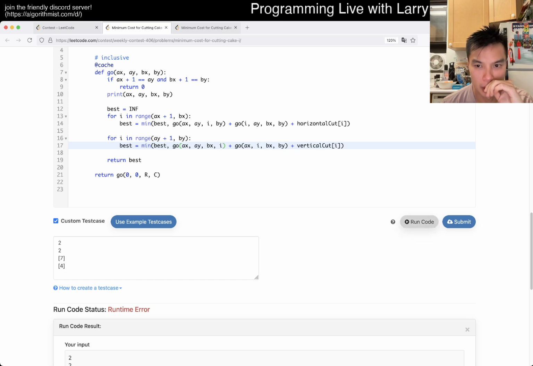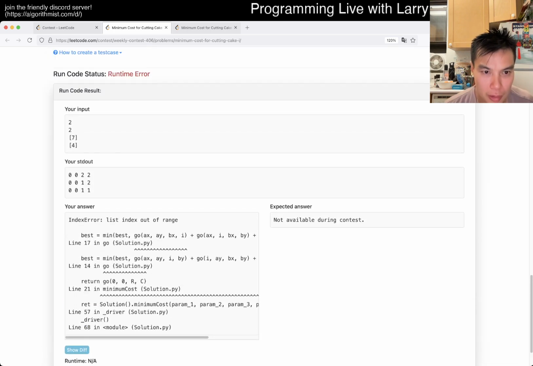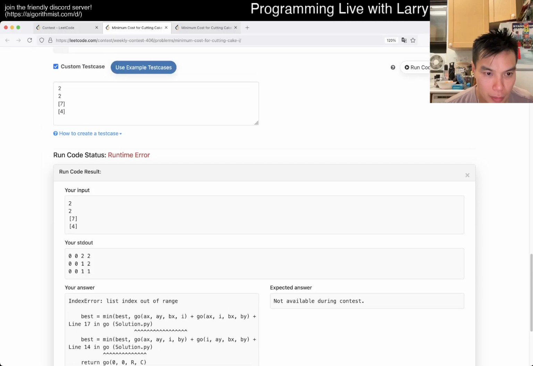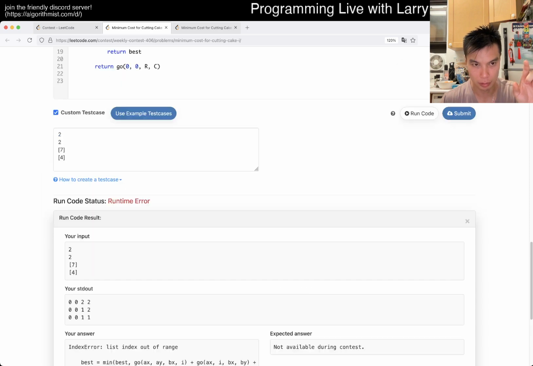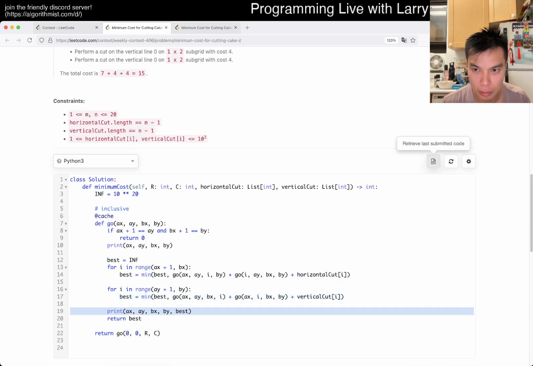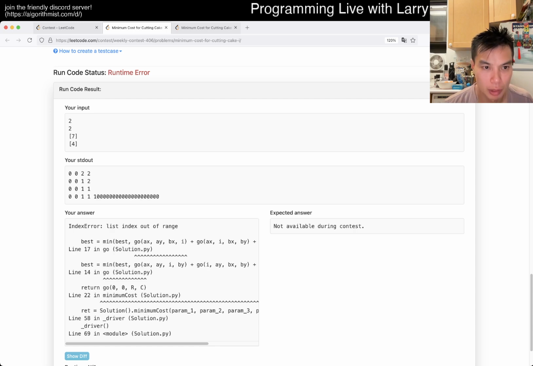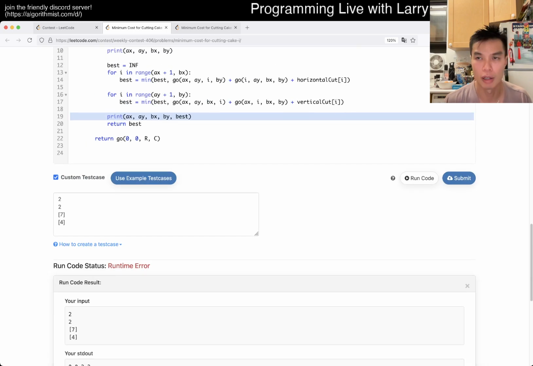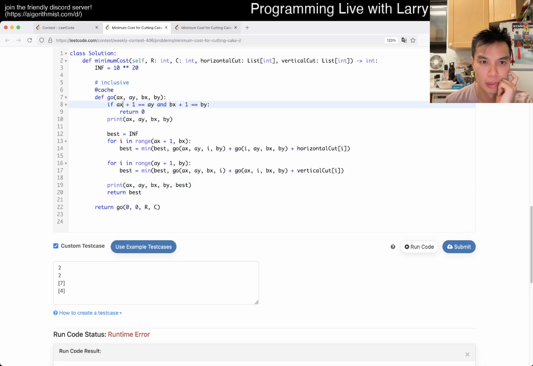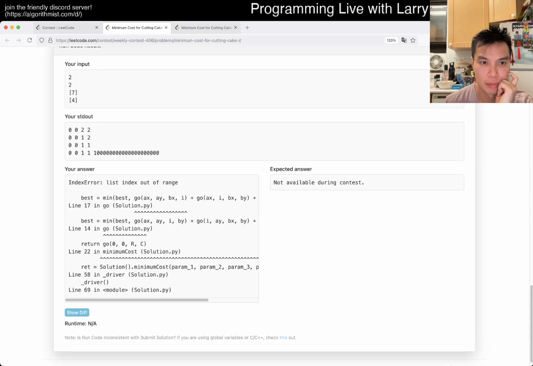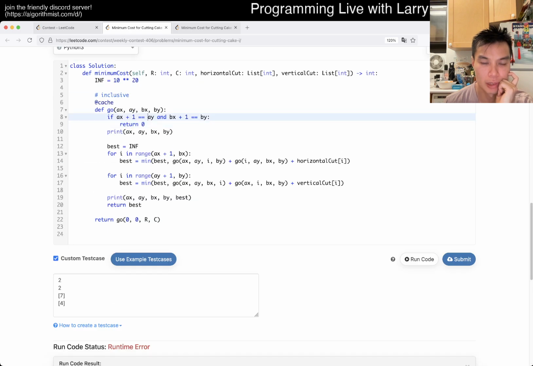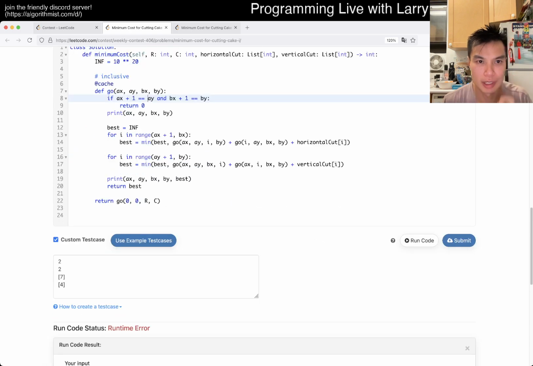No, this should be right. Ideally. Or maybe not, who knows. 2, 2. 0, 0. 1, 2. All right, 0 is 1, 1. Oh, that's true. Why is, no, why is this returning? Oh, this is dumb. Larry, you're dumb.